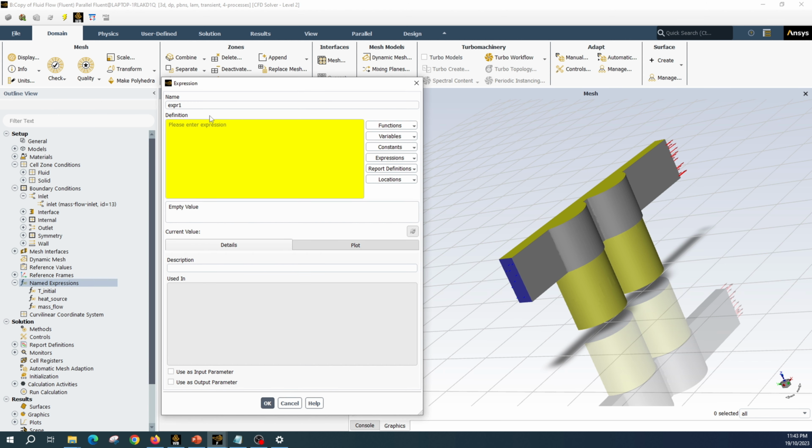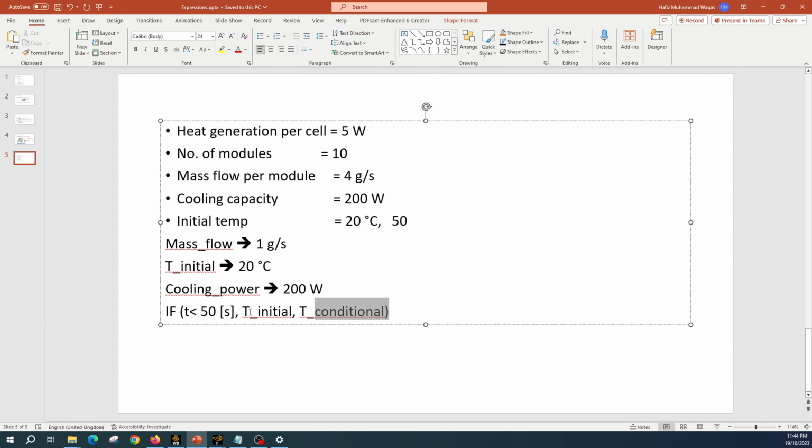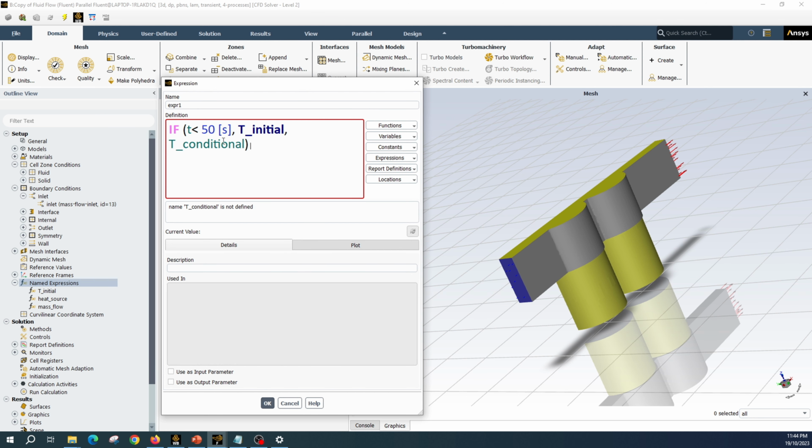New, what we can call this one. We can copy paste our entire statement. If t is less than 50 second, t initial, otherwise t conditional. It is giving an error that t conditional is not defined. Yes, okay. And we know that, so let's call it t in.